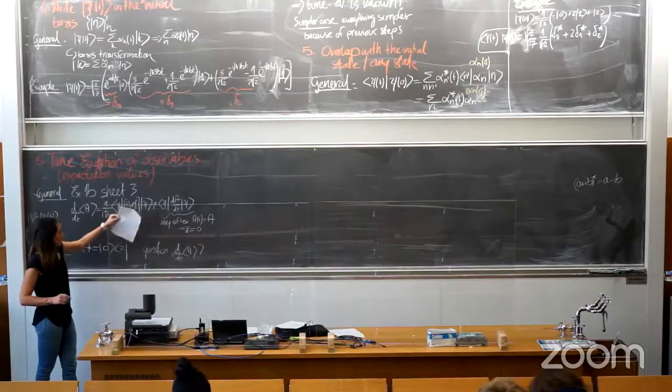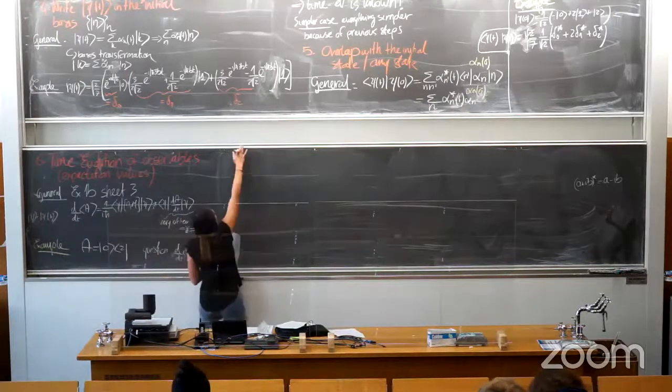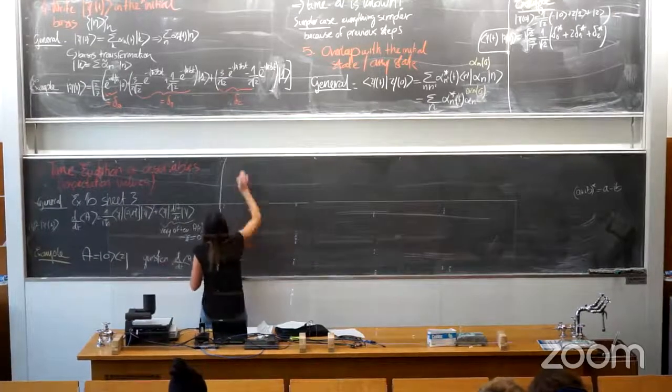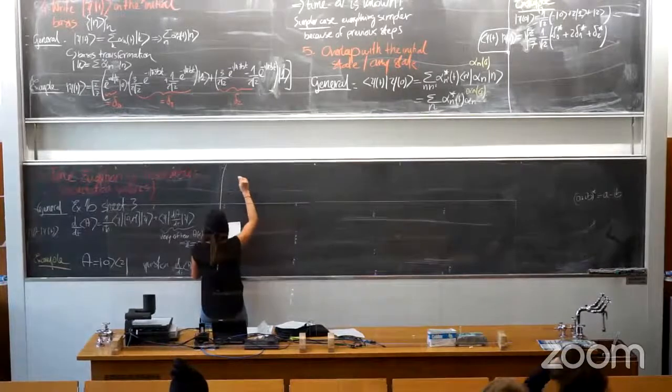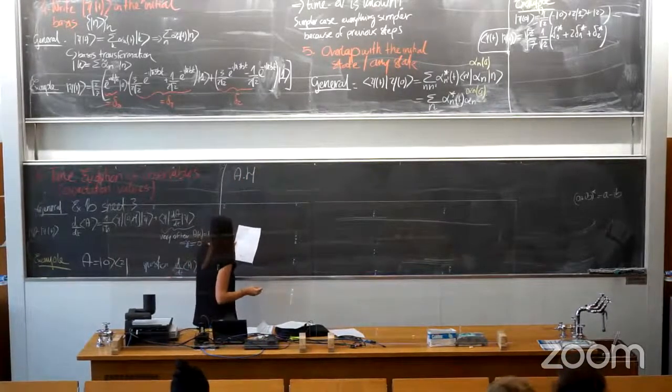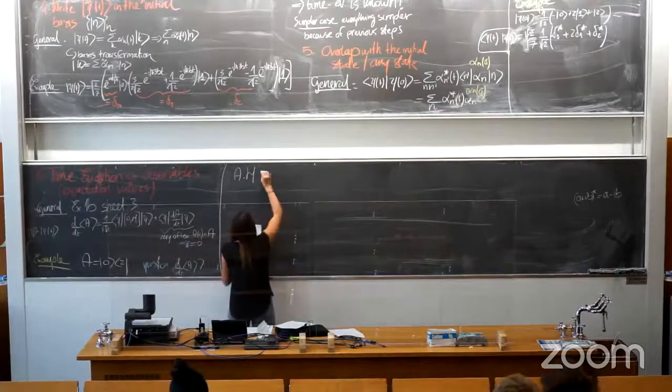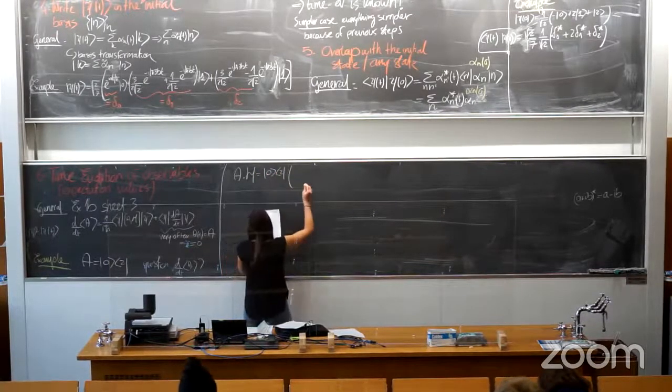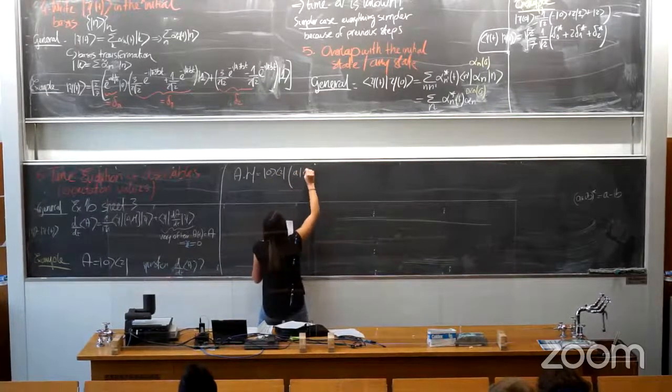So what do I do? H times the Hamiltonian, and this will be 0, 2 times my Hamiltonian we defined before.